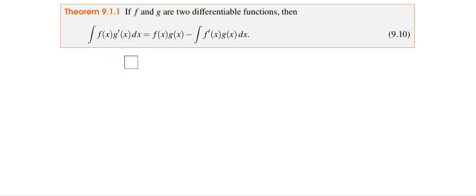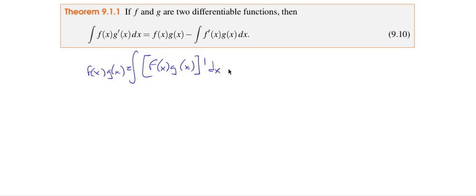And the proof is easy. It just follows from the rule of the derivative. We have the derivative of f times g. A primitive of this is going to be f times g, the primitive of the derivative of this.